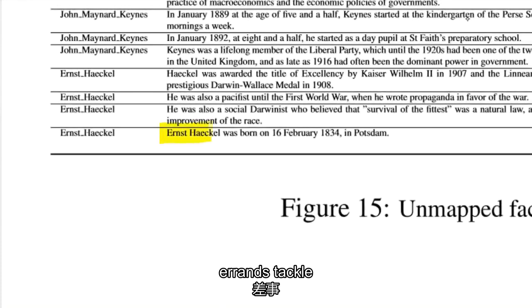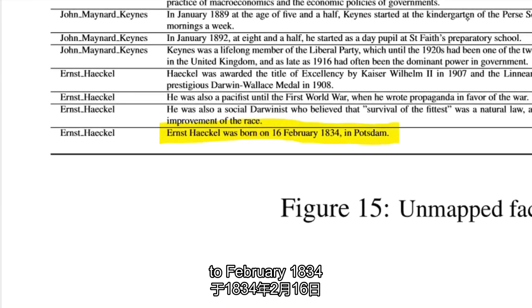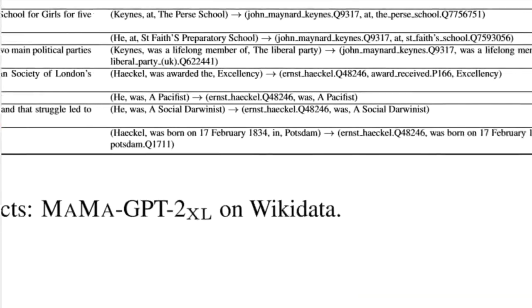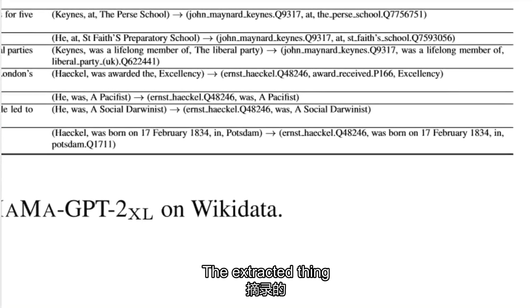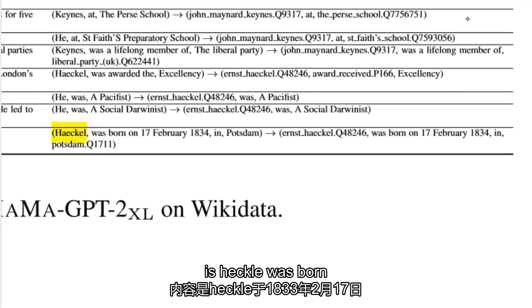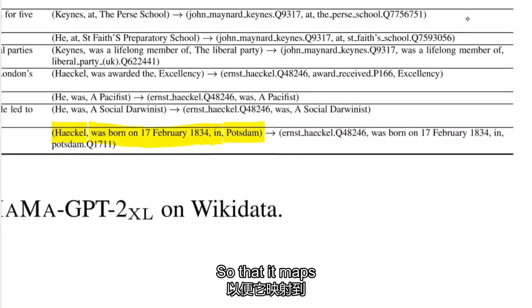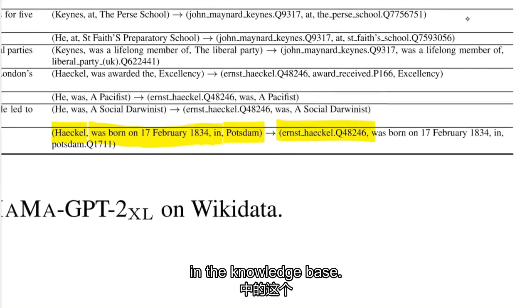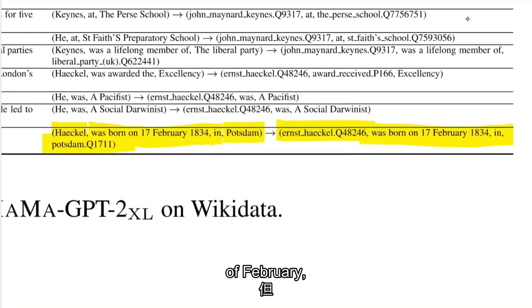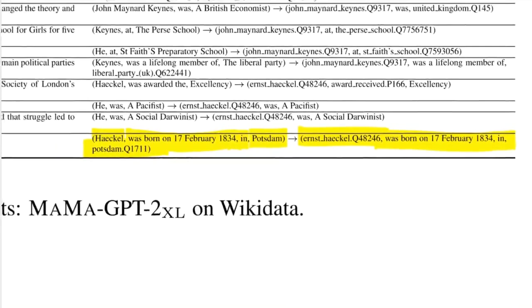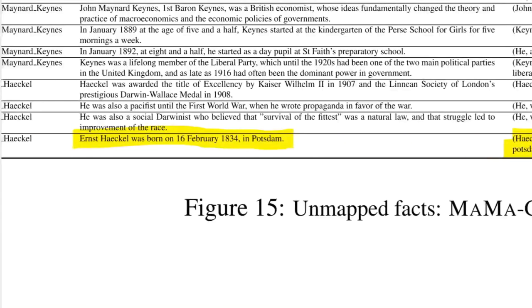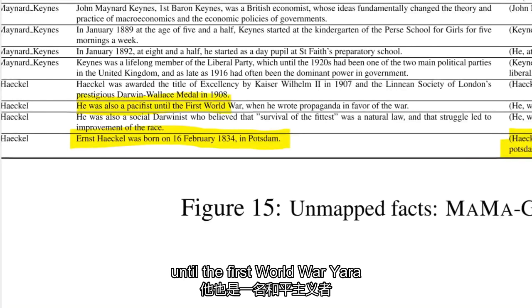Okay, Ernst Haeckel was born 16th of February 1834 in Potsdam. Okay, so the extracted thing is Haeckel was born on 17th of February 1833 in Potsdam. So that maps to something in the knowledge base schema. This is in the schema, but 'was born on 17th of February 1833 in' is simply a failure of the relation linker. Then: he was also a pacifist until the First World War.